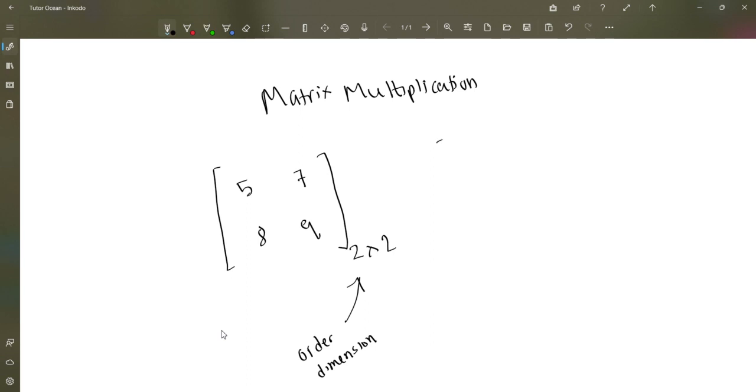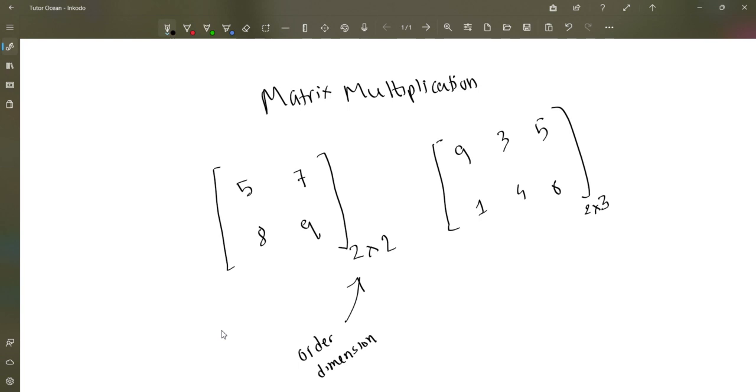Okay, and let's look at this matrix. Here we can see that the order or dimension is 2 into 3. Okay, that means 2 rows and 3 columns.